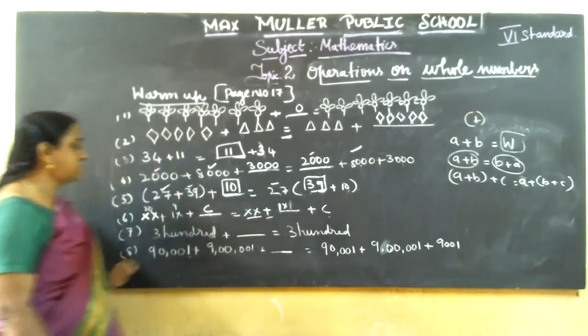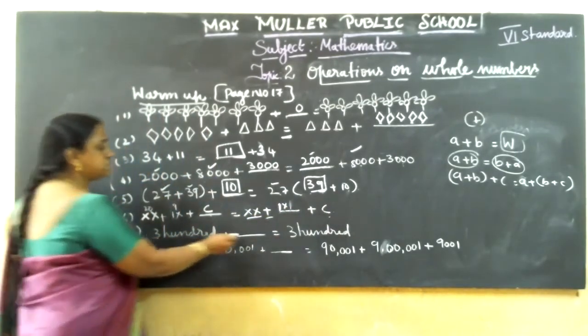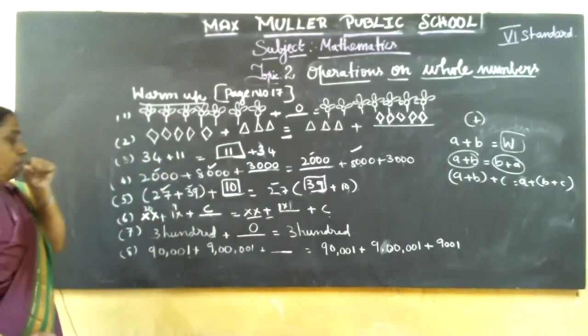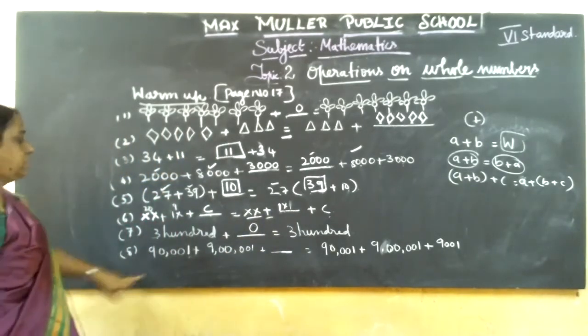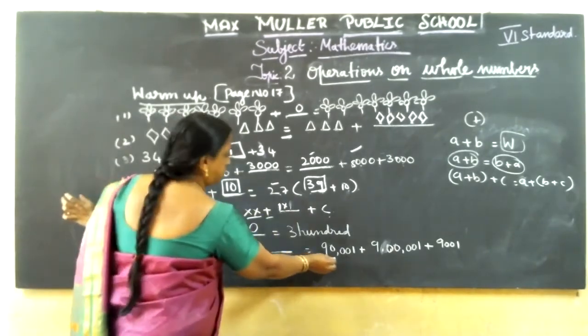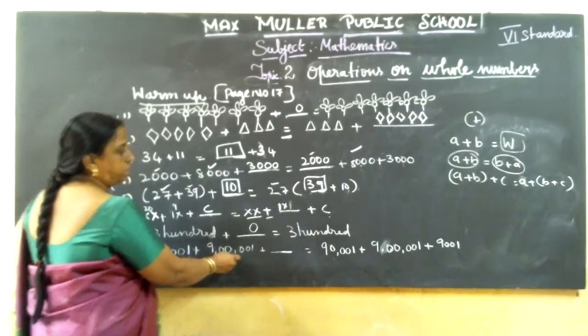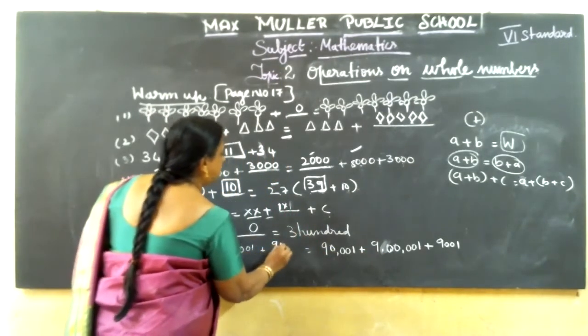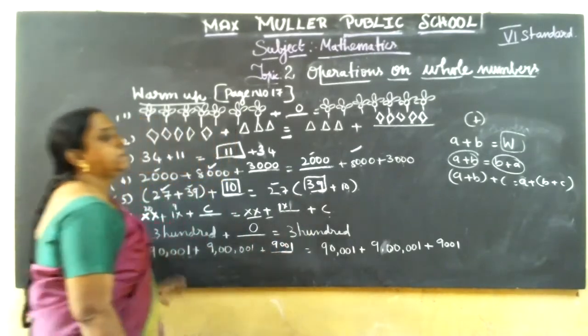Now both sides are equal. 300 plus dash gives 300. 0. What is 0? Sorry, additive identity. Now last sum, 9,001 here, here also 9,001. Here 9,01,001 is there. Which number is missing? 9,001 is missing. Clear now?